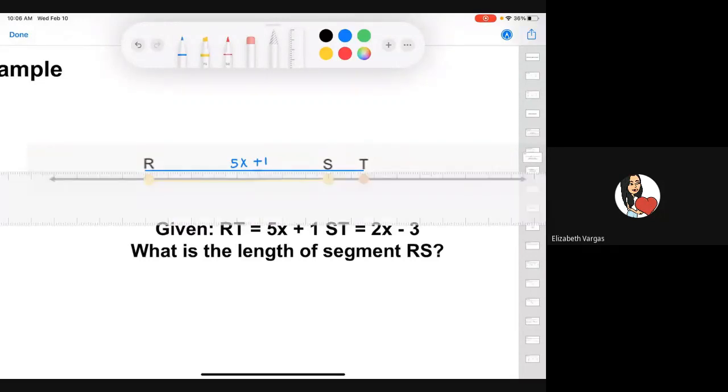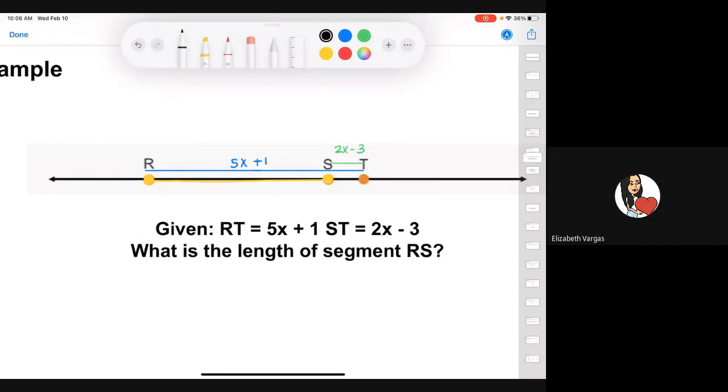And the segment ST, so S to T, is equal to 2x minus 3. So we've been given the entire segment RT, and we've been given part of that segment, ST, and we want to subtract those from each other to find the segment RS.